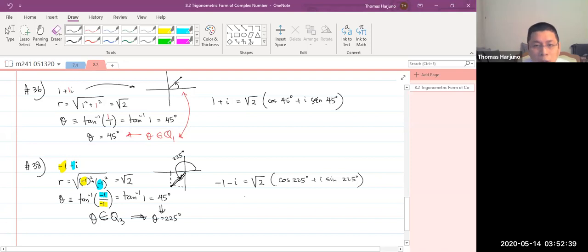By the way, we usually write it as square root of 2 cis 225 degrees. And on here, square root of 2 cis 45 degrees.